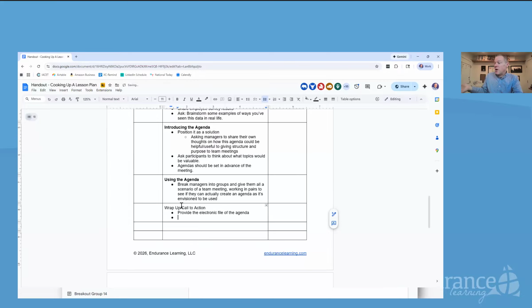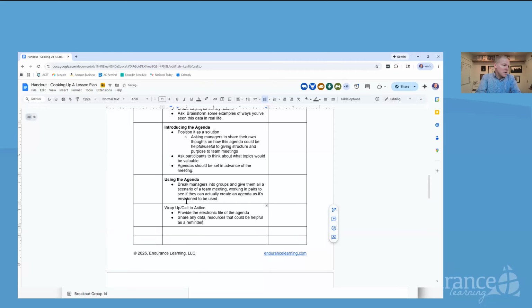And so you're mentioning a call to action, Shay, a specific call to action. If you have any thoughts on what that specific call to action might be, I'd love to hear it. Shannon saying resources and references from the lessons. So share any data or resources that could be helpful as a reminder.